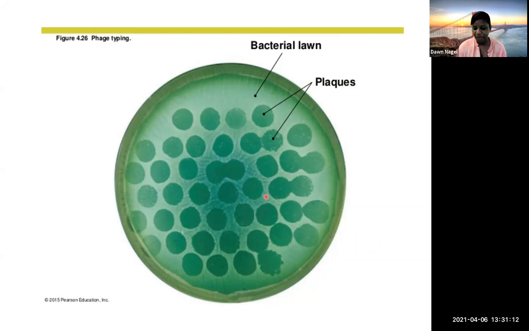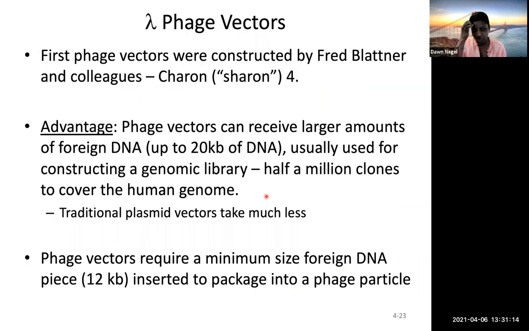The process to create a phage vector was initially developed by Fred Blattner and colleagues, and they used a phage which we refer to as Charon-4. These types of phage vectors can receive large amounts of foreign DNA, up to 20,000 base pairs.